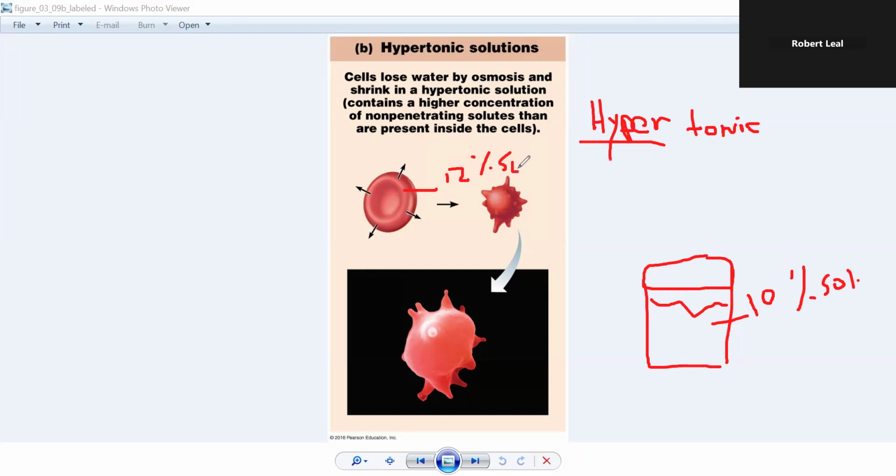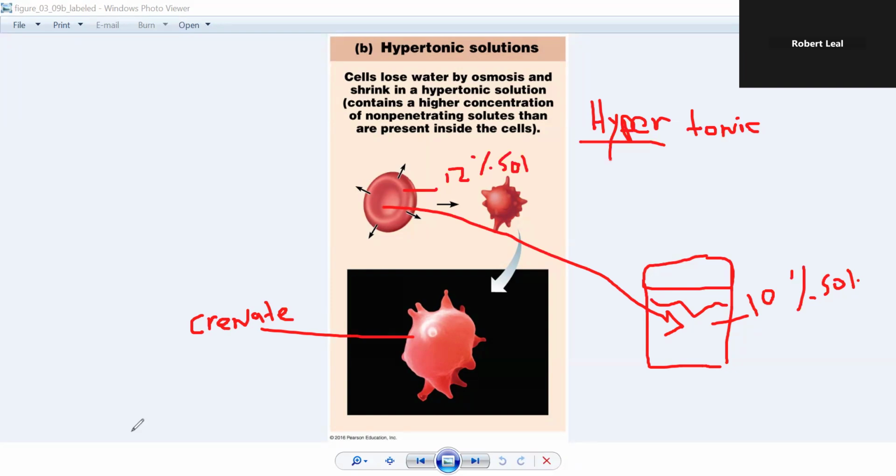So that means there's more solutes in the solution than in the cell, and water is going to be attracted to go where there's more solutes. So this would draw water out of the cell, and the cell would shrink. And the term we use for shrink is we say crenates. So yeah, you want to avoid introducing hypertonic solutions in the body. That would cause our cells to crenate, which is to shrink.